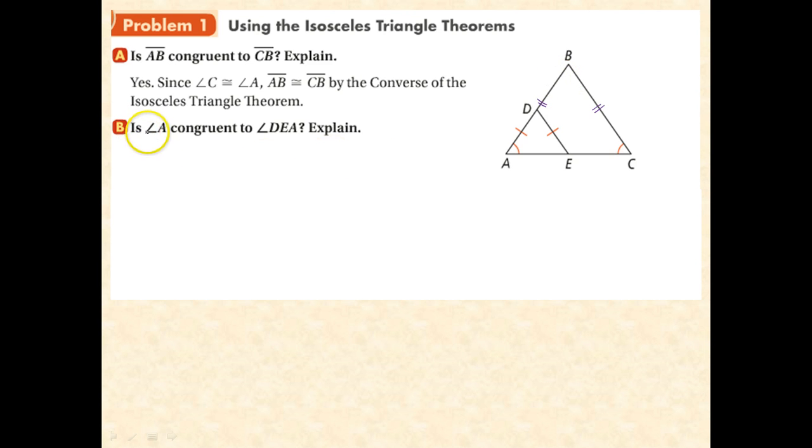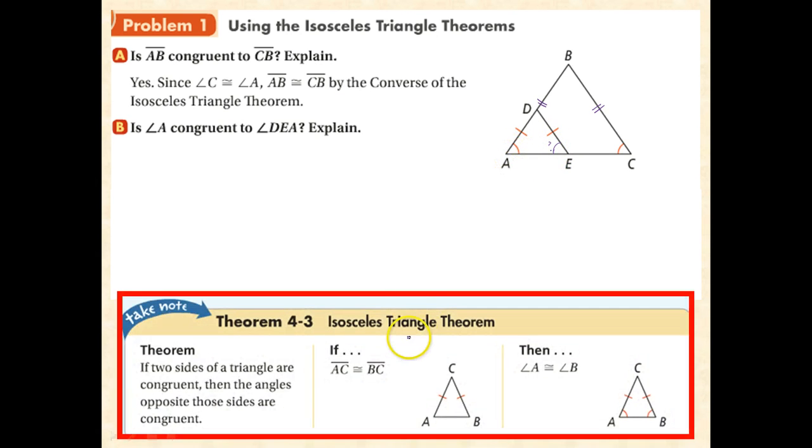So, is angle A congruent to angle DEA? So is this true right here? Are these congruent? Remember this theorem? The isosceles triangle theorem. If two sides of a triangle are congruent, then the angles opposite are congruent.